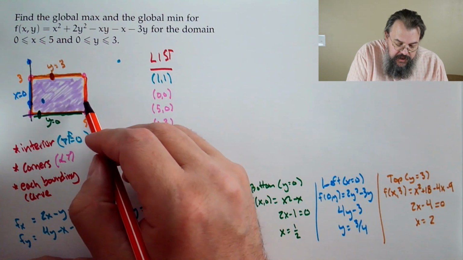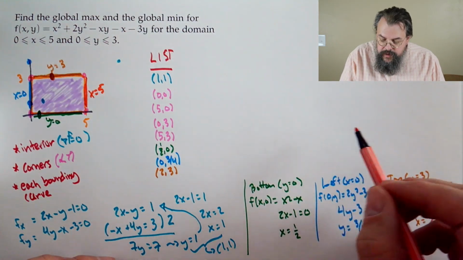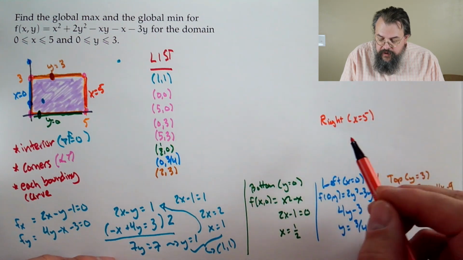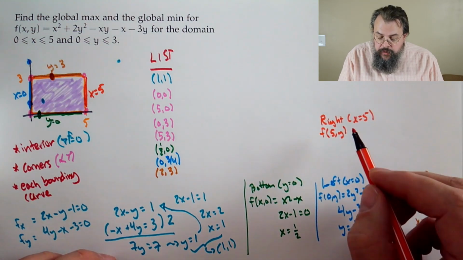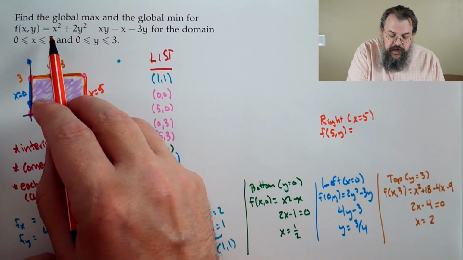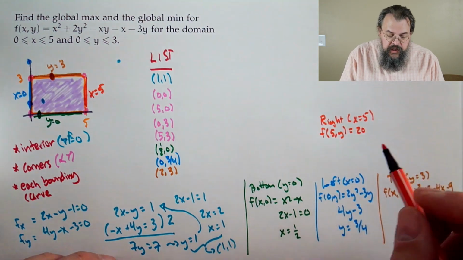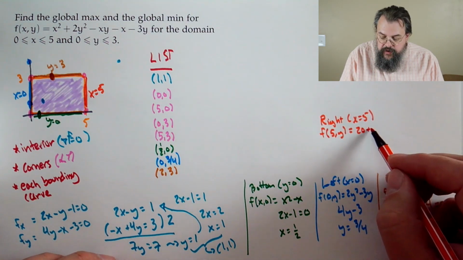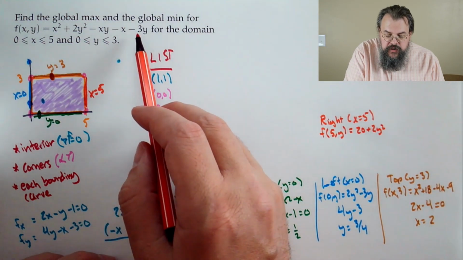Okay, so this would be at x equals 5. So the right, x equals 5. And so our function becomes f(5, y). What is that going to be? Well, 5 squared is 25. Then there's a minus 5, so that makes 20. Then we're going to have a 2y squared, and then we have a minus 5y minus 3y.